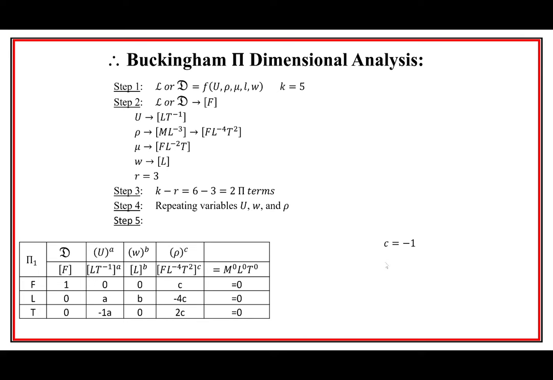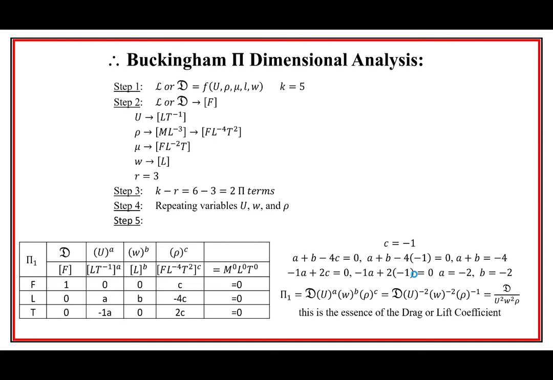But remember that C was -1, so that's really A plus B plus 4 equals 0, or A plus B is equal to -4. Then we go down and see that negative A plus 2C is equal to 0. So we have minus A plus 2 times -1, so we get A is equal to -1, and then we see that B is equal to -1 based on that previous equation.